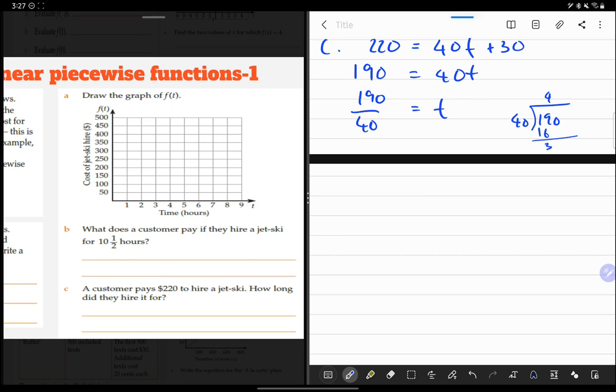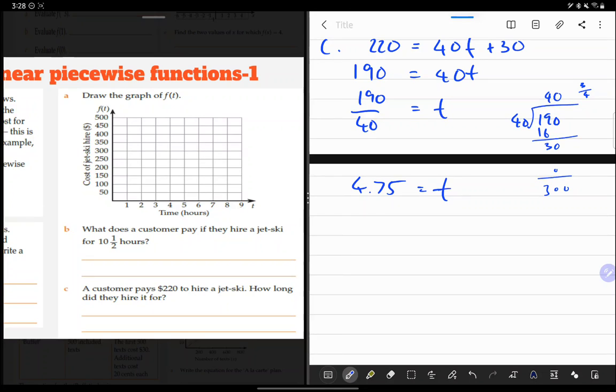Ignoring the decimal point, I know it's going to be 30 over 40, which is just 3 over 4. So I know t is 4.75.